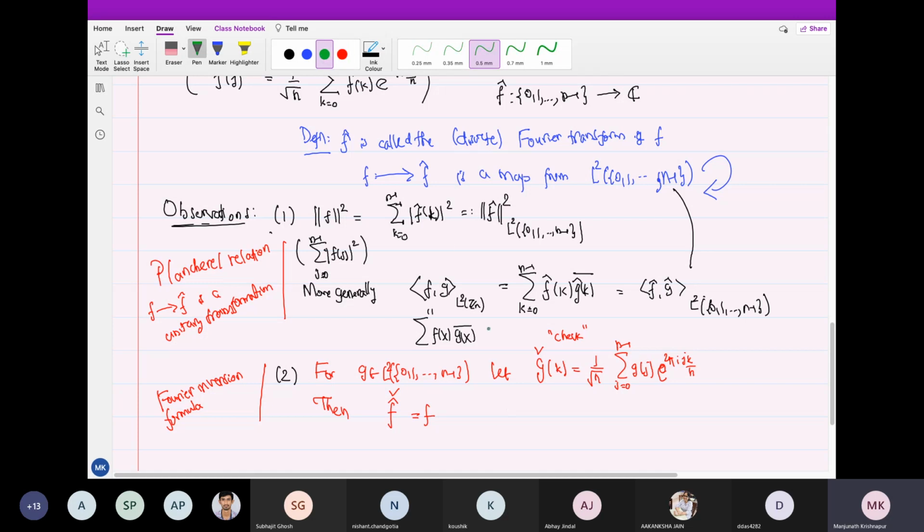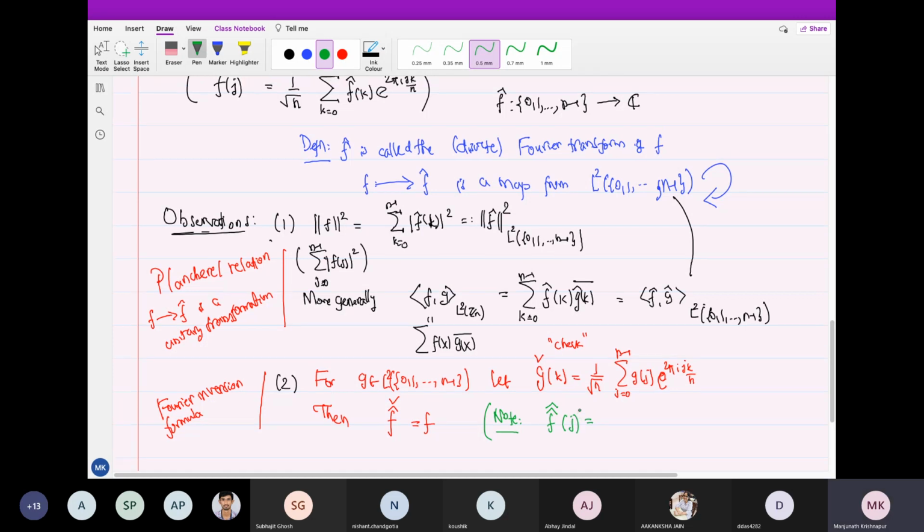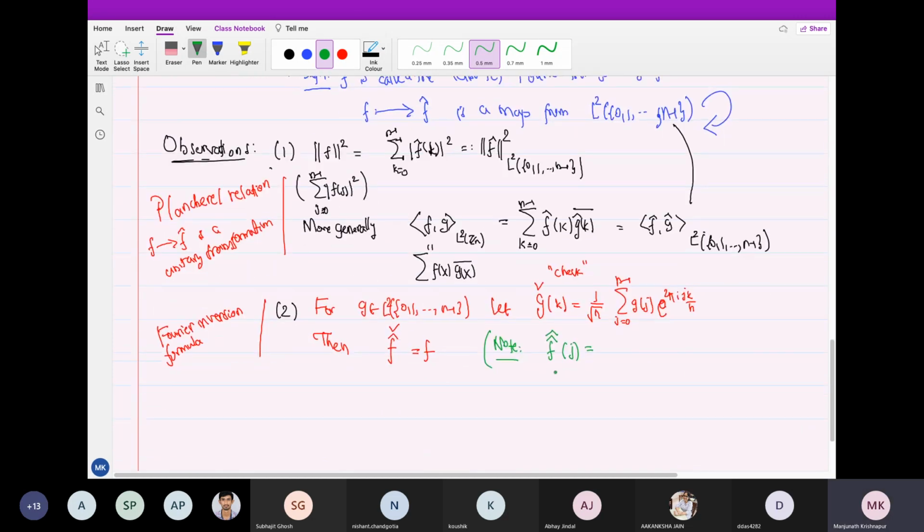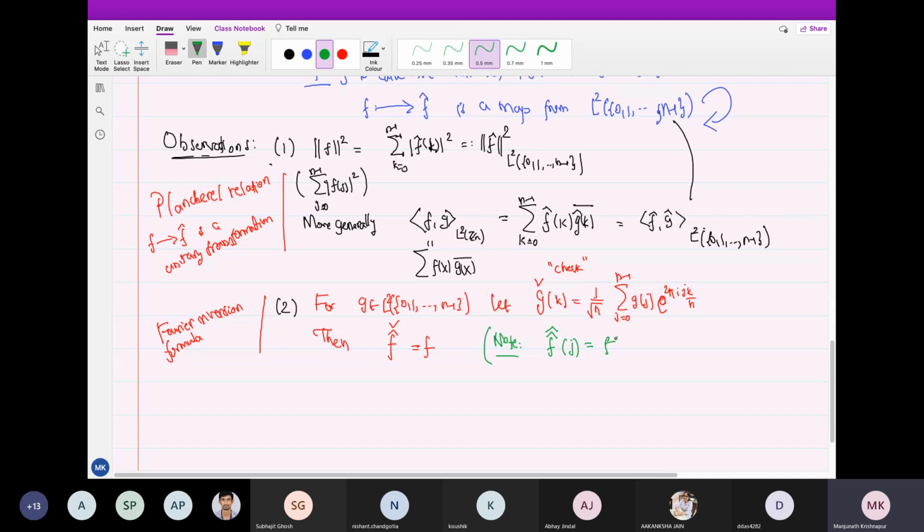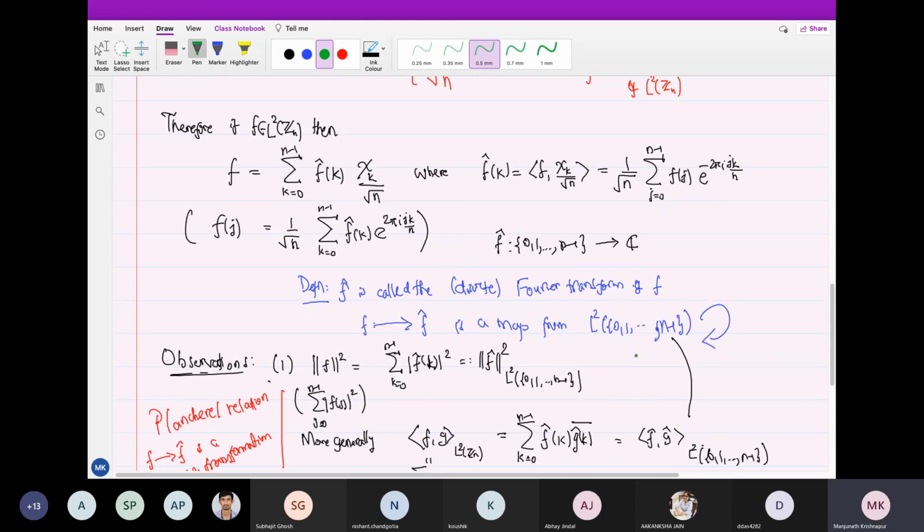What would you get if you applied hat itself twice? Just to note, if you apply hat twice, you don't get back f. You will get f of minus j. You get back the function flipped over.